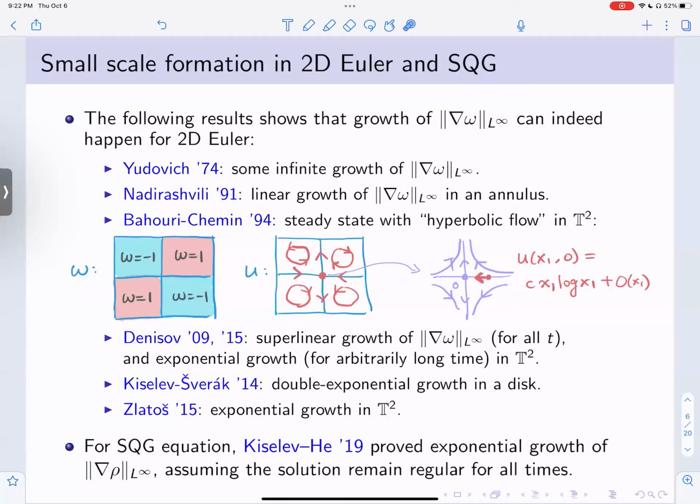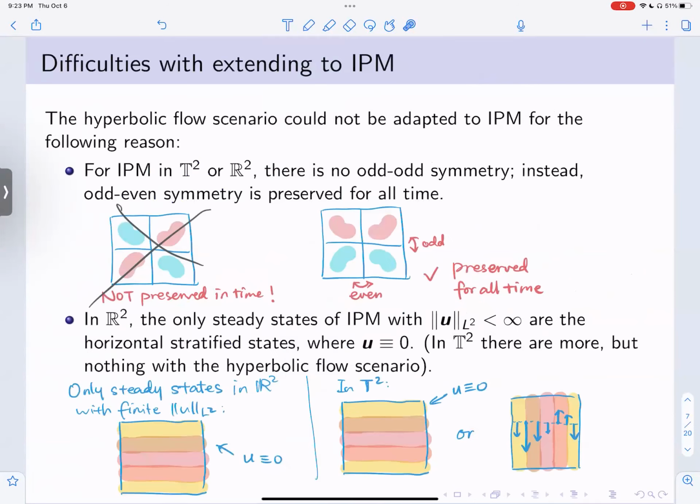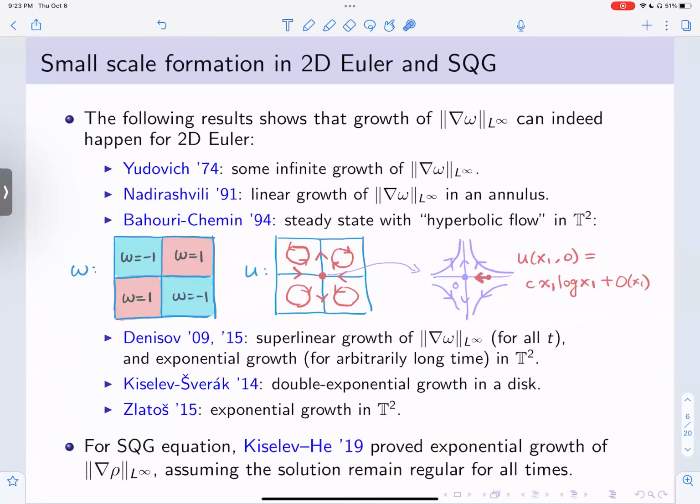Okay, so why is this steady state important? Well, because if one computes the velocity field when one deviates a little bit from the stagnation point, then at distance x1 away, the velocity field will be pointing inwards, and the strength of it is proportional to x1 times log x1. So what does it mean?